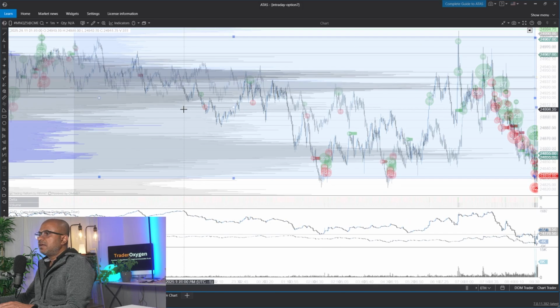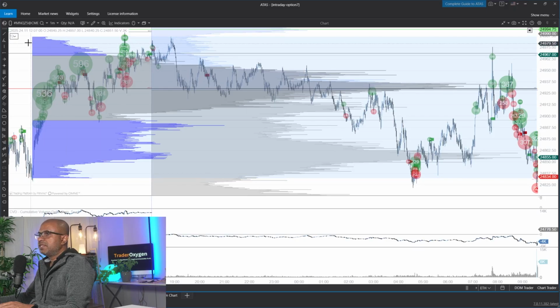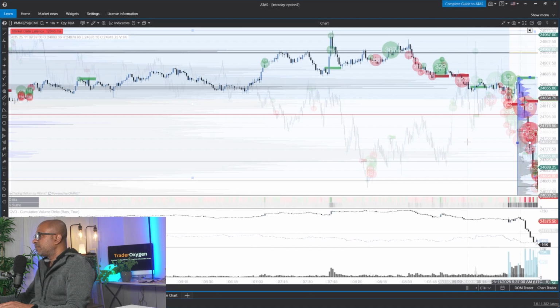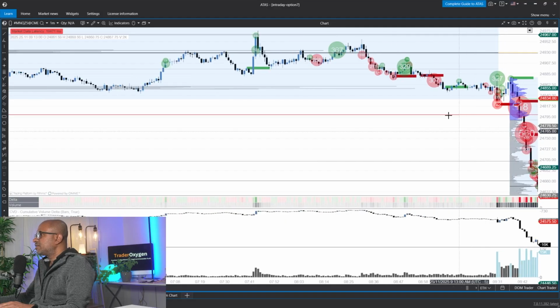You can see we draw the volume profile for that range from this point to this point. For that range, this is the value area high over here, then the value area low and the volume point of control. At New York time 9:45, the price strongly pushed down as discussed earlier.